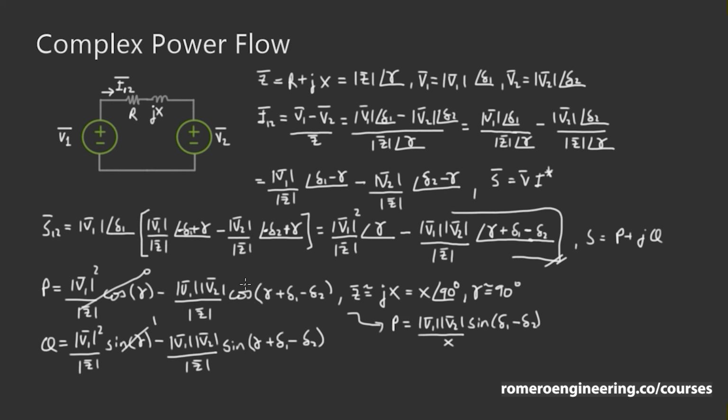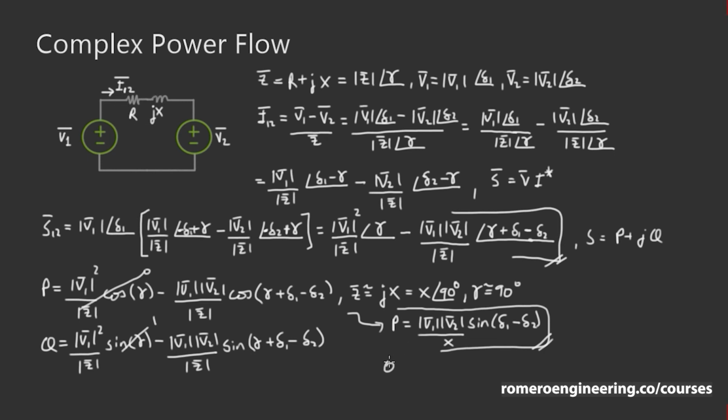So minus cosine of 90 degrees is equivalent to sine. So I can then take just this magnitude and convert this minus cosine of 90 degrees to sine, and just use the angles delta 1 and delta 2. So this equation tells us the real power flow through a transmission line, assuming that the resistance of that transmission line is negligible with comparison to its reactance.